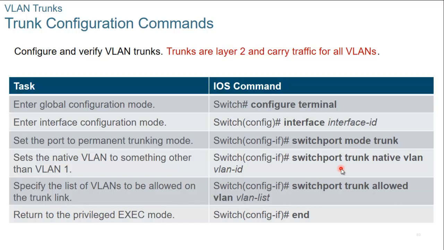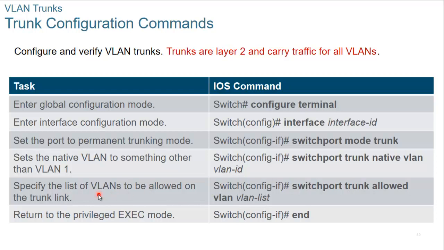And then you set the native VLAN to something other than VLAN 1. This is for security reasons. It is always a good practice to set your native VLAN to other numbers rather than VLAN 1. So switchport trunk native vlan, and whatever ID you want to put: 99, 55, 400.